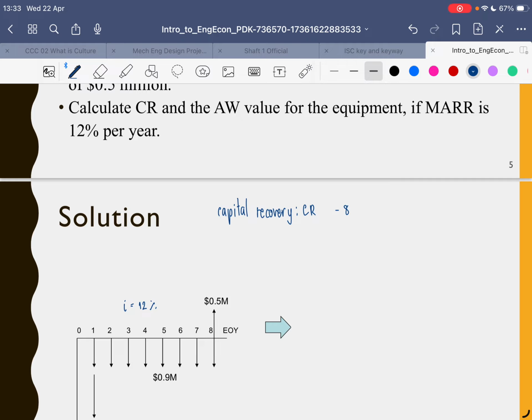And I have minus $5 million at year one. These are the two things that I have. But the $5 million happens at the end of year one. Therefore, I need to convert it into present value first, so I need to divide it by 1.12. Right? This is the initial investment.